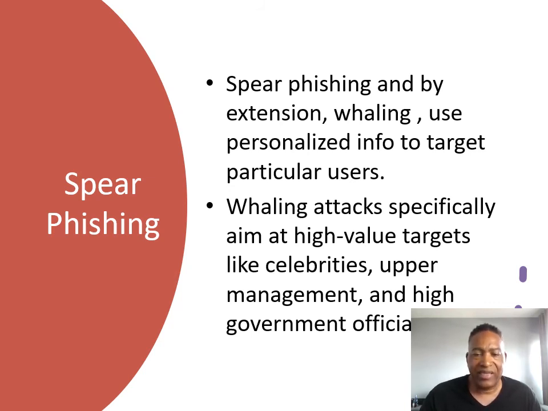They will take the action that's requested. So there have been accounting people who have received emails where the CEO says to forward $10,000 to a particular address. And those accounting people will do it because it's a direct request from the CEO or executive of that company.